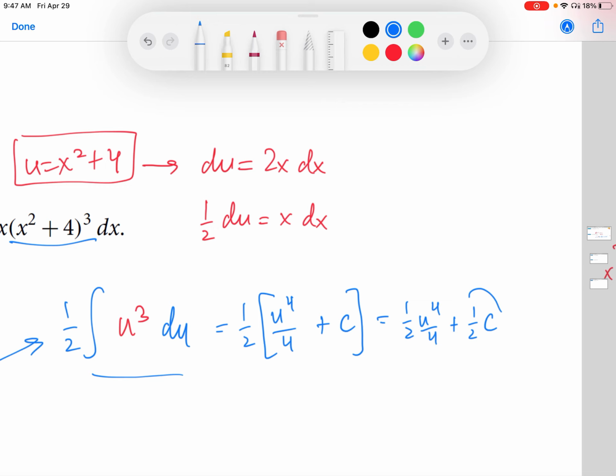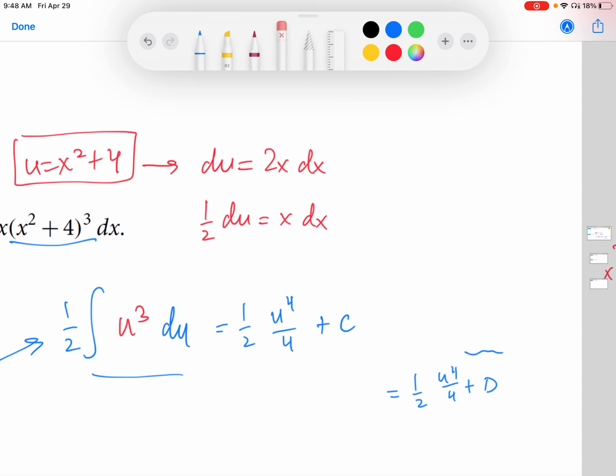So you multiply a number that you don't have a fixed value for times 1/2, you get some other number you don't have a fixed value for. So we could call this arbitrary constant d, u to the 4th over 4 plus d. And then, not much has changed. So to save us some of that work, I just go off and write what I originally wrote.